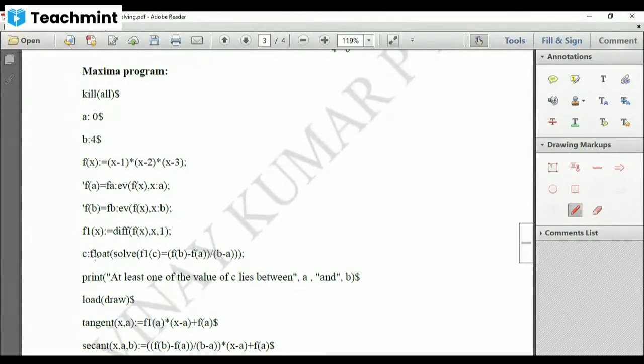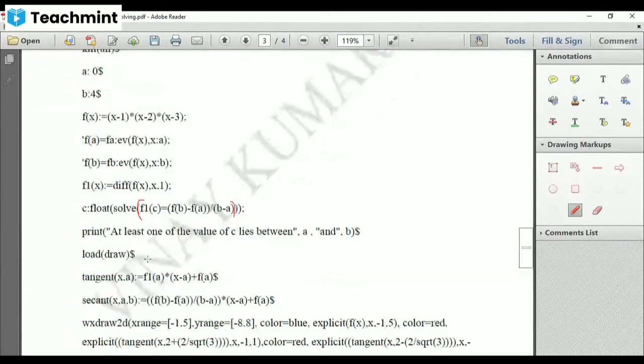Find the c value, that is float of solve f dash of c, that is f1 of c, equal to f of b minus f of a divided by b minus a. Solve this, right? And print, within double apostrophes, at least one of the values c lies between, comma, display the a value, comma, and, comma, b with a dollar sign. So this gives you the c value and prints this statement.